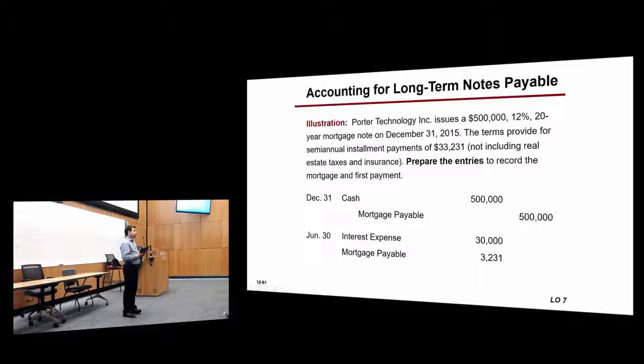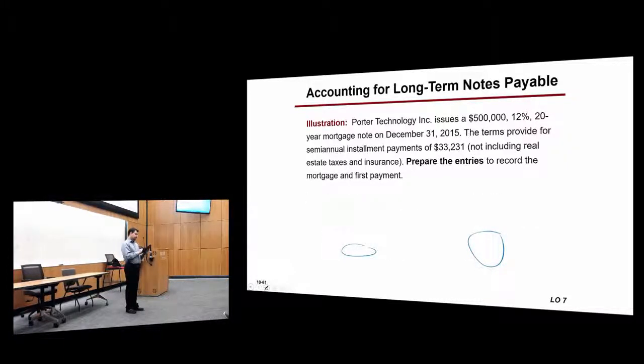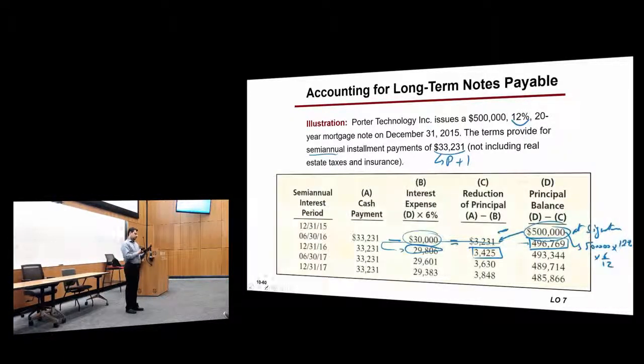They will also debit notes payable, but in this case, because it's a mortgage, they will debit mortgage payable. Those are the two amounts, as you can see from this table here: the 30,000 and the 3,231.